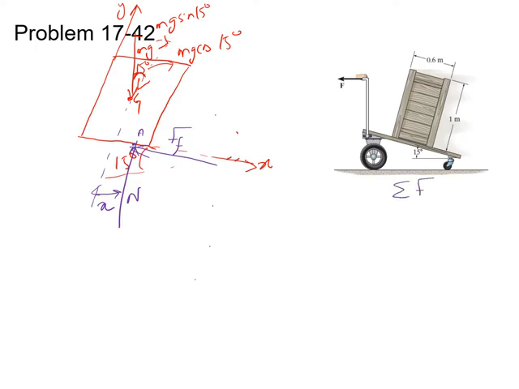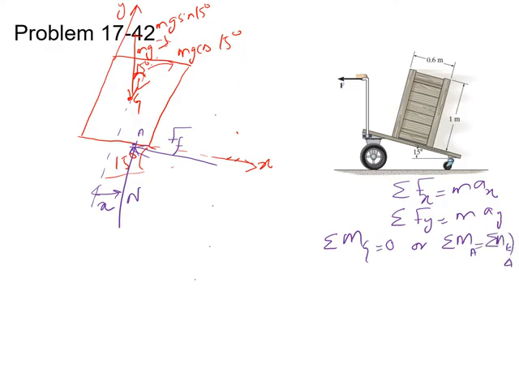Sum of the forces in the x direction is equal to m a_x, sum of the forces in the y direction is equal to m a_y, sum of the moments about point G equals 0, or sum of the moments about point A equals the sum of the kinetic moments about point A. We can use these equations to find the unknowns.